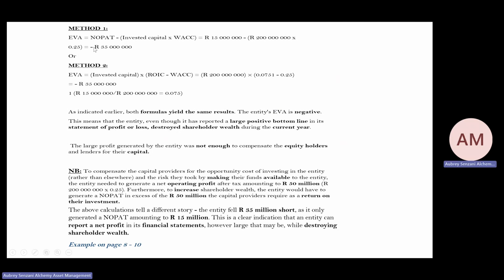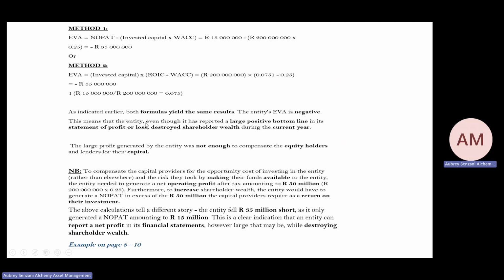By virtue of just seeing that this is negative, immediately you know this does not have a positive EVA. You calculate using the other method, you see it is exactly the same. You've got a negative 35 million. As indicated earlier, both formulas yield the same result. The entity's EVA is negative.